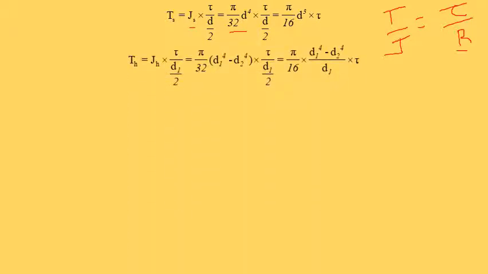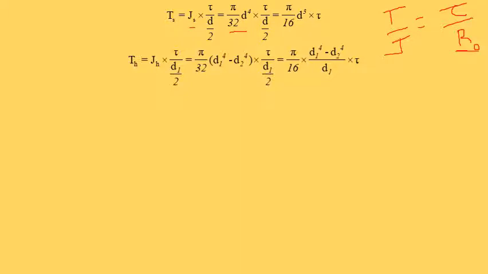Next, let us consider the torsion equation for the hollow shaft. Th is equal to Jh, the polar moment of inertia for the hollow shaft, into tau divided by d1 by 2, because here we have to use R naught. R naught represents the radius of the outer circle. Therefore the diameter is d1, and d1 by 2 represents the R naught value.